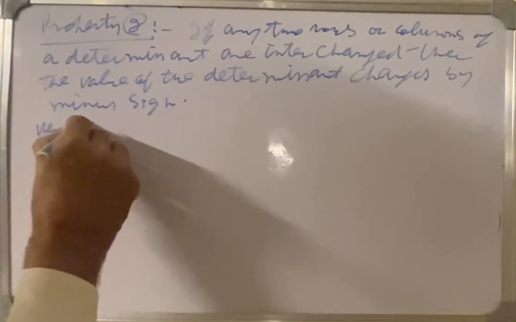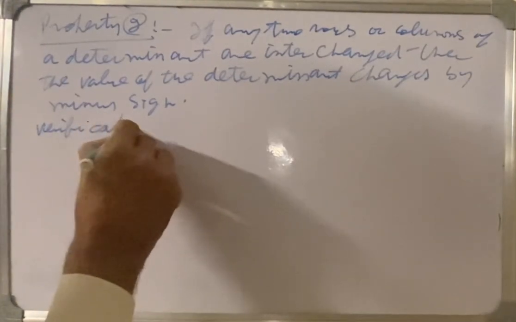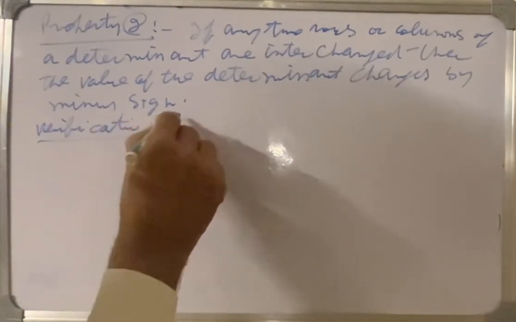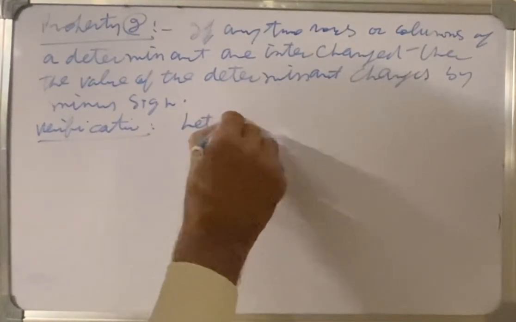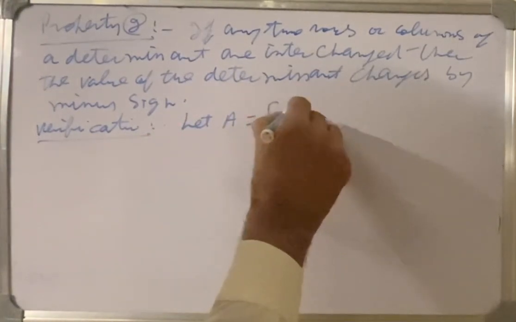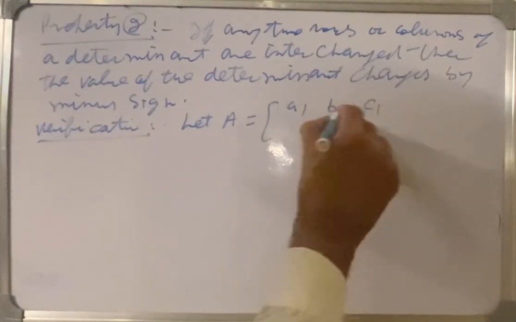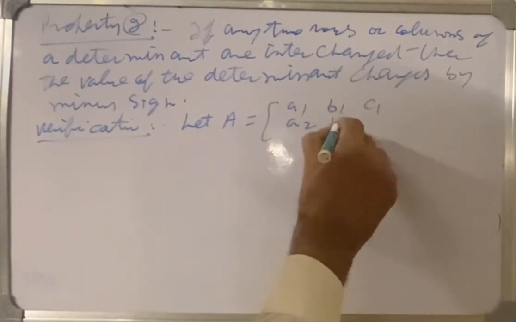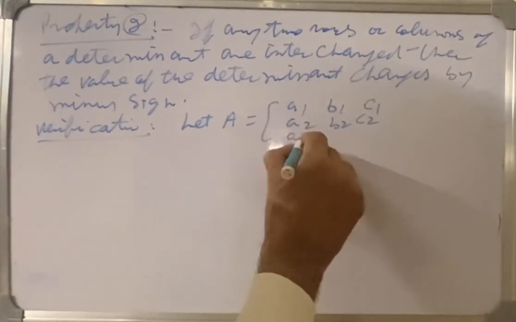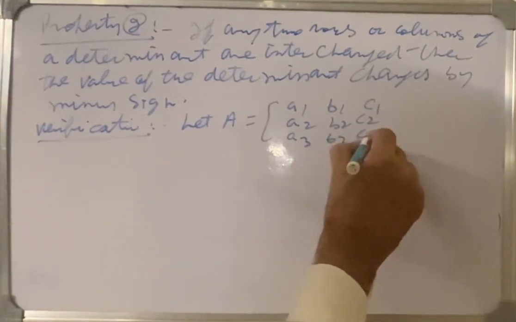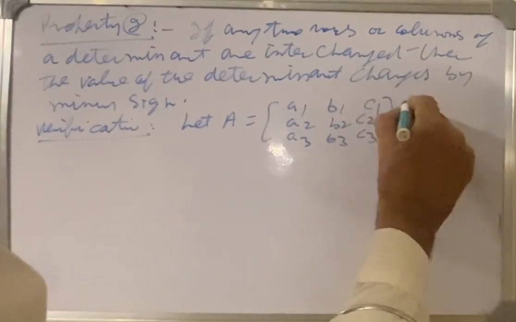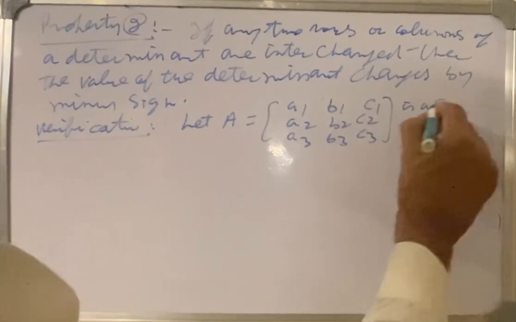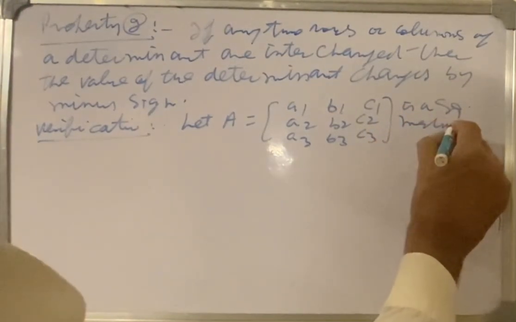Verification. Let A is equal to A1 B1 C1, A2 B2 C2, A3 B3 C3, a square matrix of order 3.